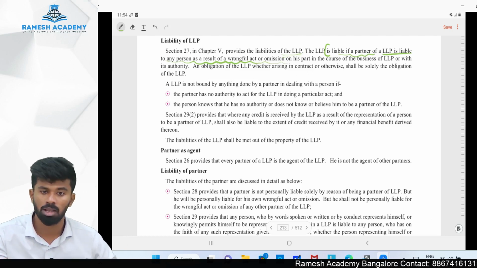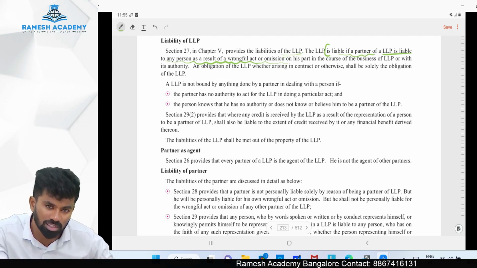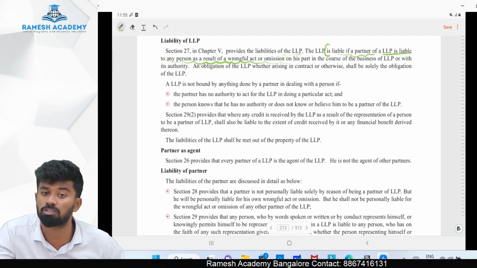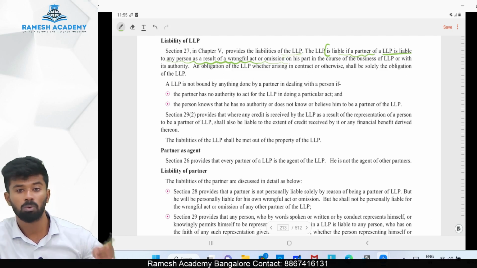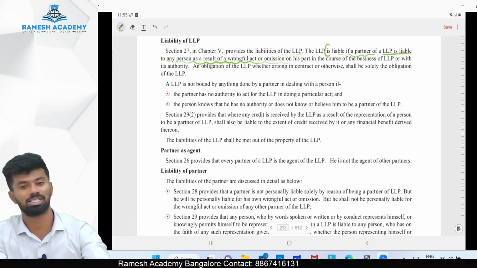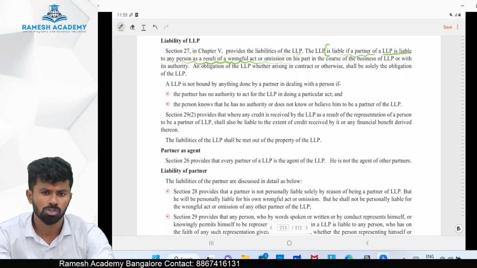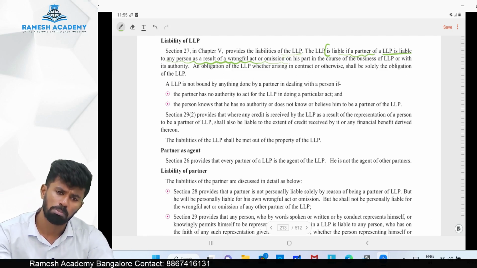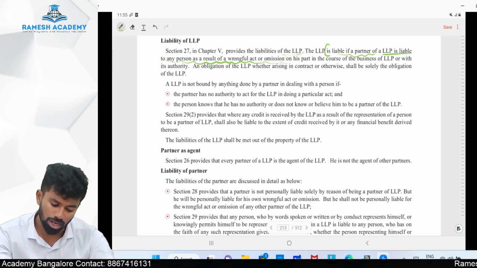In this case, we have authorized Jashwant to do something. While carrying out that activity, he has committed a fraud. We will not be responsible. Partners will not be responsible. But who is responsible? The LLP is responsible because the LLP is a person. So for the act of a partner, who will be responsible? The LLP only is responsible, not the other partners.